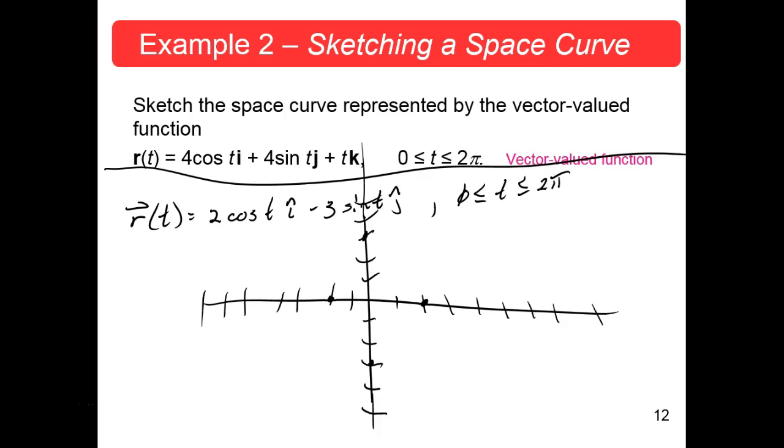So it basically looks like this is going to be an ellipse. That's what it appears to me to be. And which way is it going? Counterclockwise, right? Because we plotted that one first, second, third, fourth, and back around. So that's an ellipse.